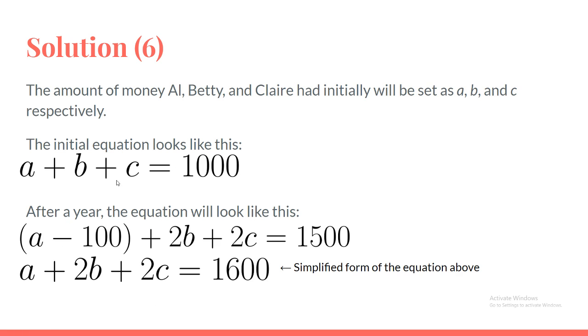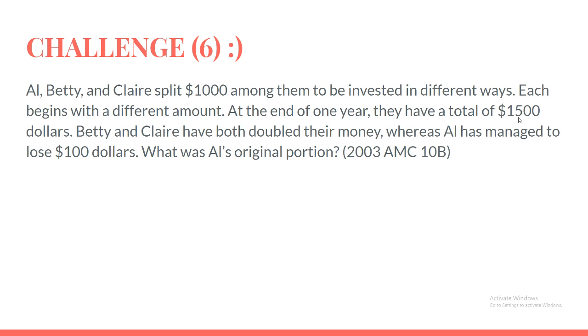Well, the question states that Al loses $100 after a year, and Betty and Claire have both doubled what they had a year ago, all of which sums up to $1,500.